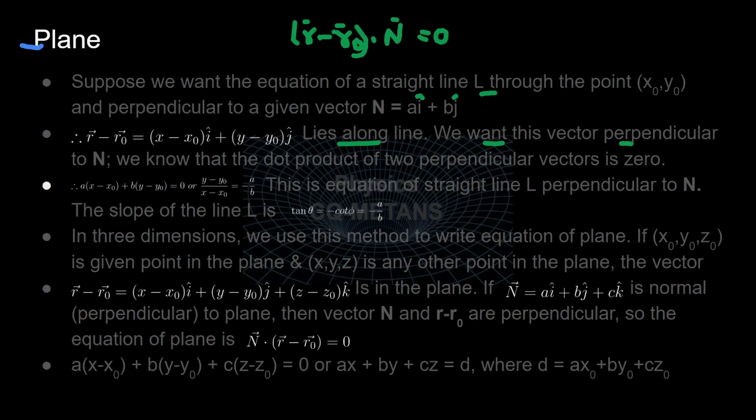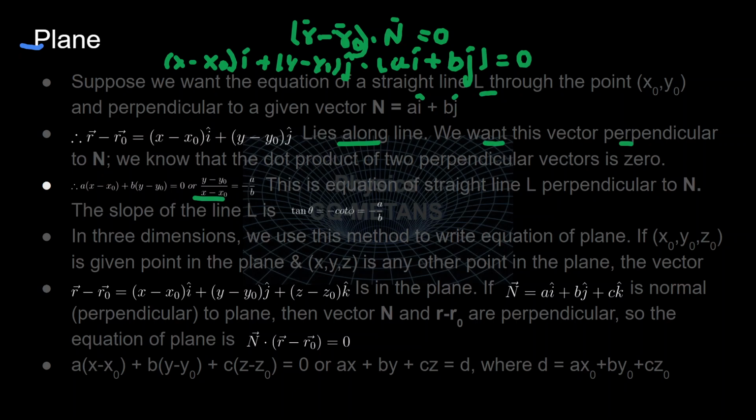So r minus r naught is x minus x naught i cap plus y minus y naught j cap, dotted with a i cap plus b j cap, and that should be equal to 0. So I get x minus x naught times a plus y minus y naught times b. If we rearrange this equation, we will get this.